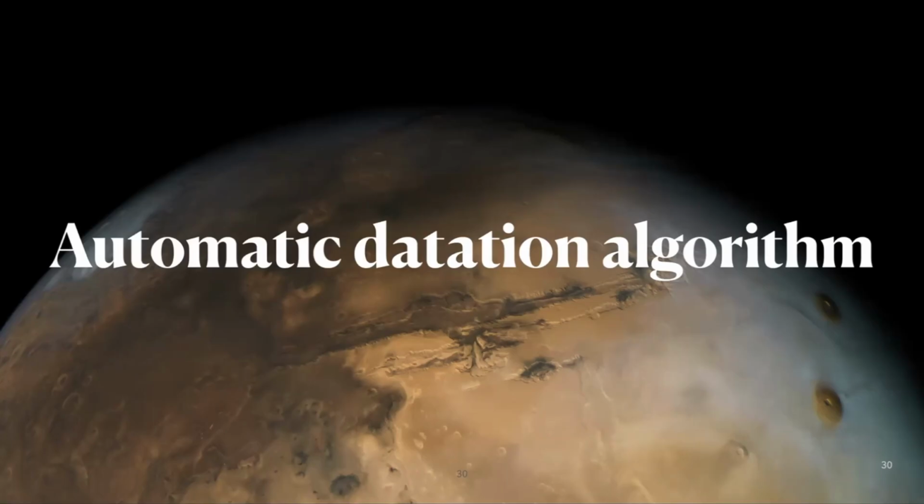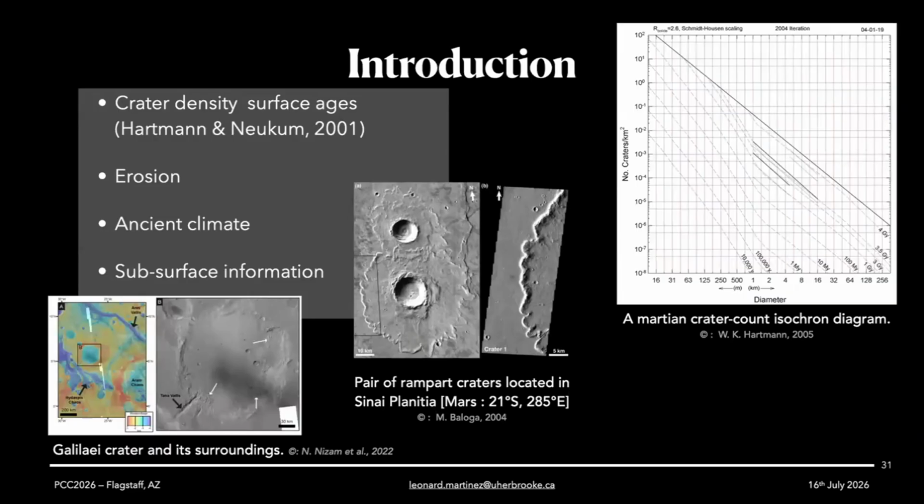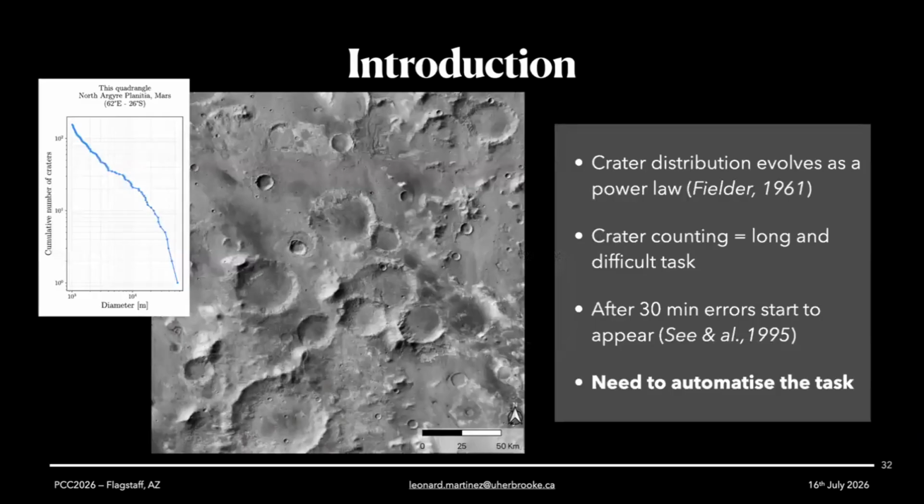That was the interest. As you all know, craters are very present in the solar system. There are a lot, and we can use them to date planetary surfaces. You all know that, but the main problem with crater counting based dating is especially the crater counting step.